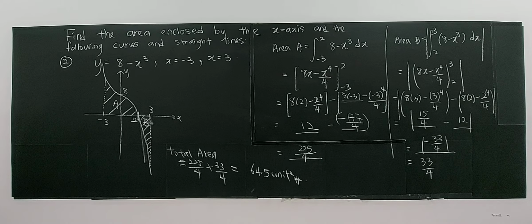So hope you understand this video. This is the basics of finding the area under the curve, only involving one curve and the x-axis. Alright, see you in the next video for the next type of way of evaluating the area under the curve.